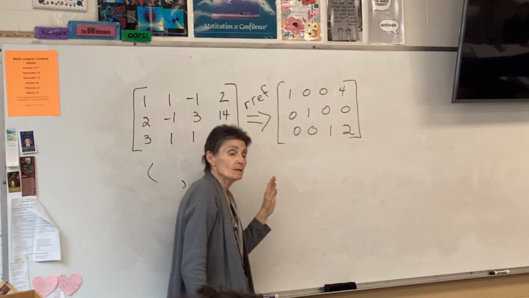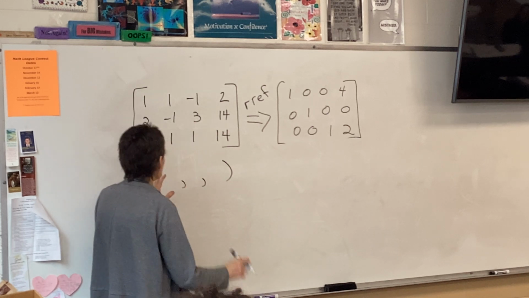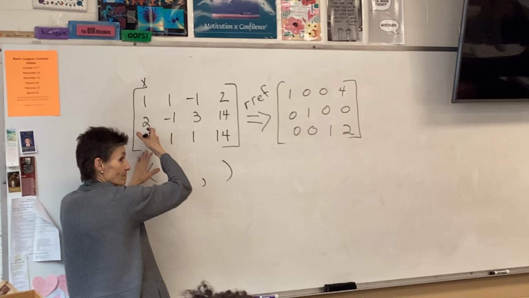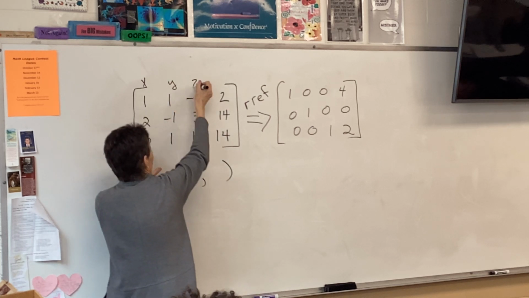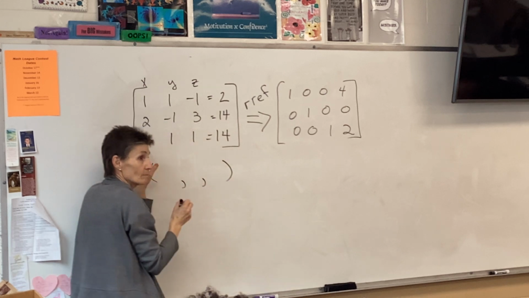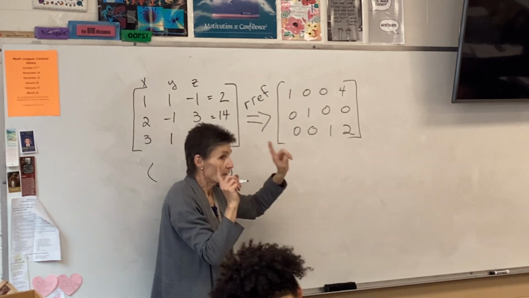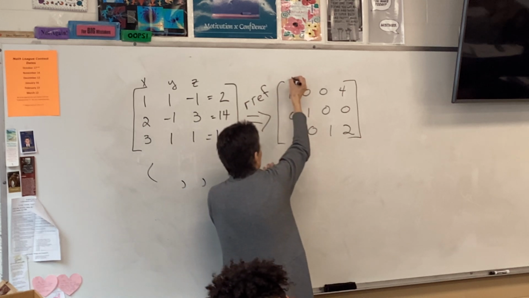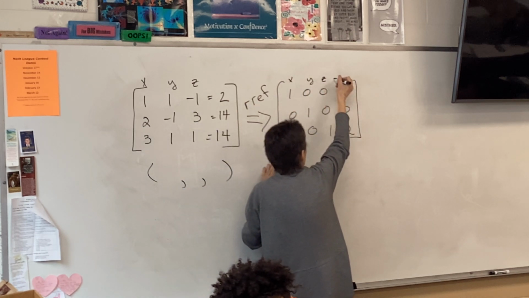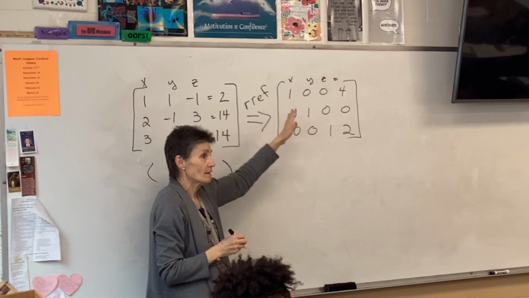Here's the deal. When you put the matrix in, look at the original problem on the paper. Weren't these the X's? And these were the Y's, and these were the Z's, and these were the equals numbers? Right? Now, when you transform the matrix, everything stays the same. So this is your X's, Y's, Z's, and equals. So what does the top row say?